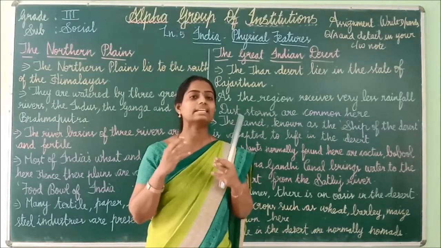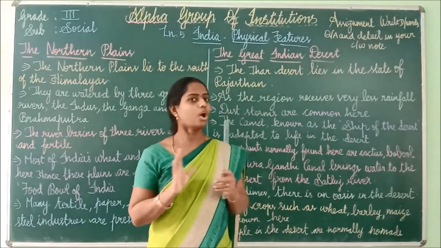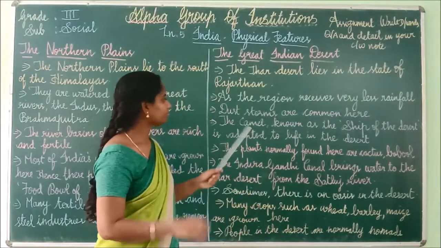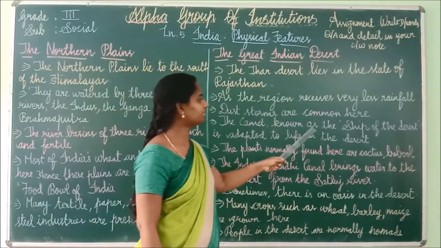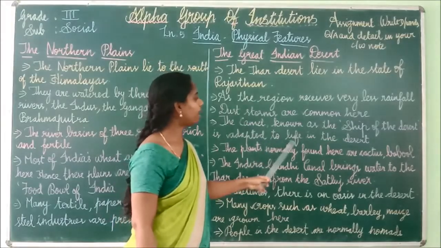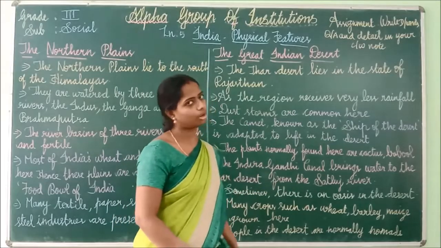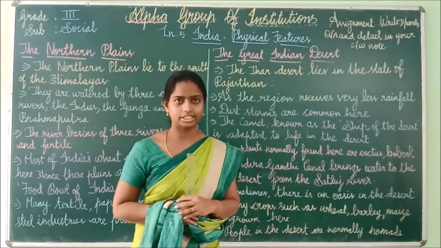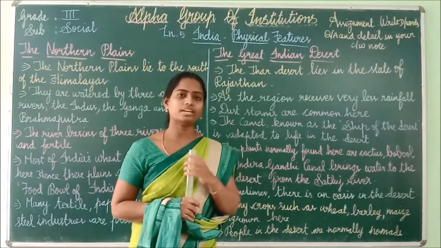So they are called dust storms, which are very common in the Thar Desert region. And then the camel, known as the ship of the desert, is adapted to life in the desert. You all know that, children. Camels are mostly found in desert regions, isn't it? How does a camel live there?